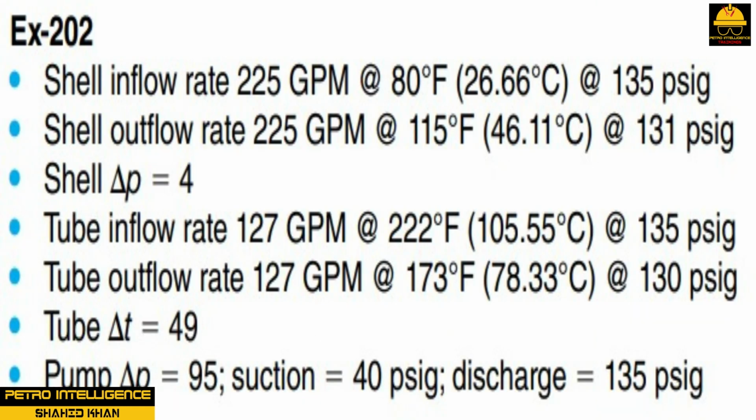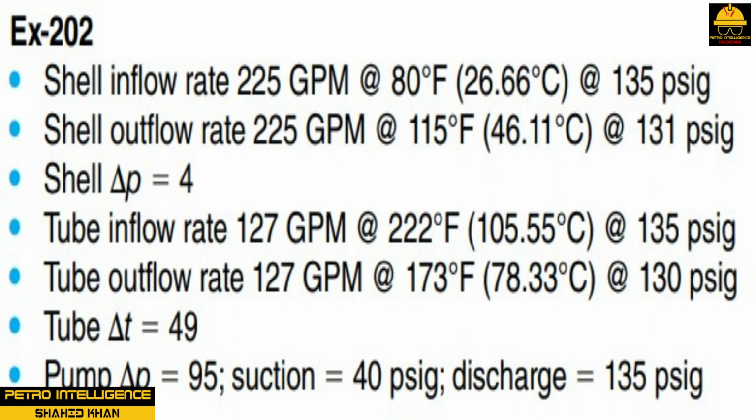X202. Shell inflow rate 225 GPM at 80 degrees Fahrenheit or 26.66 degrees Celsius at 135 psig. Shell outflow rate 225 GPM at 115 degrees Fahrenheit or 46.11 degrees Celsius at 131 psig. Shell delta P equals 4.